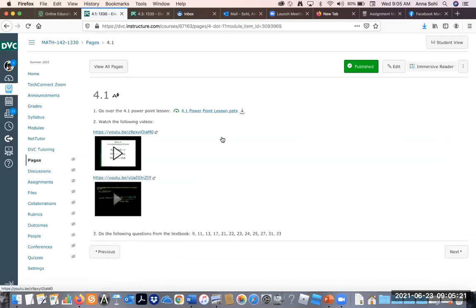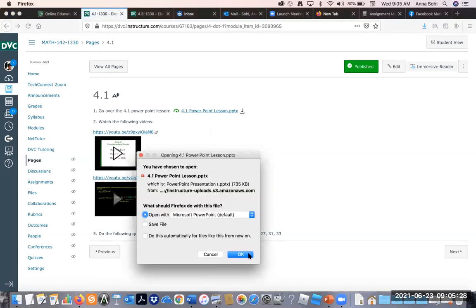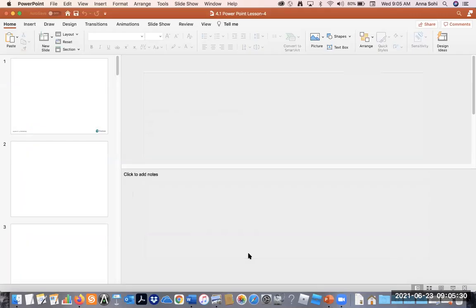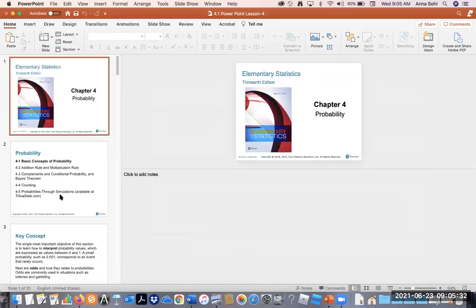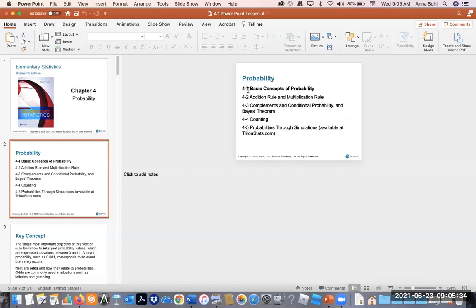Let's begin with 4-1. So 4-1, 4-2, 4-3 is our lesson for today. We're going to talk about basic concepts of probability, addition and multiplication rule, and then complements and conditional probability.